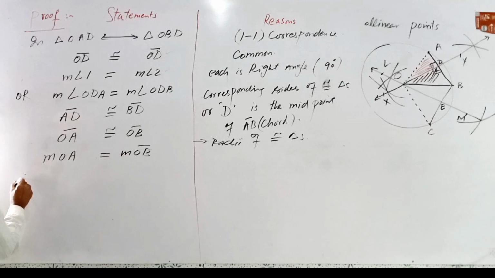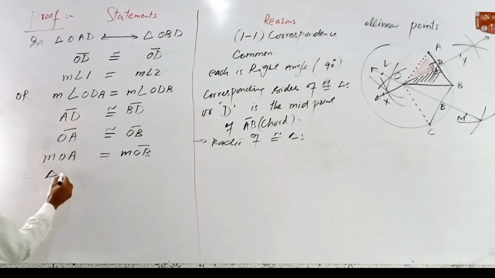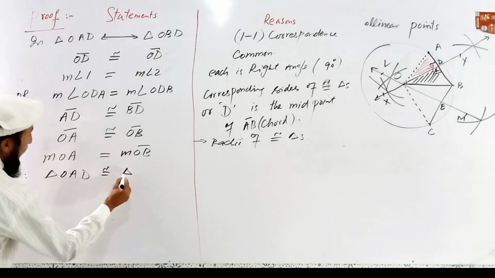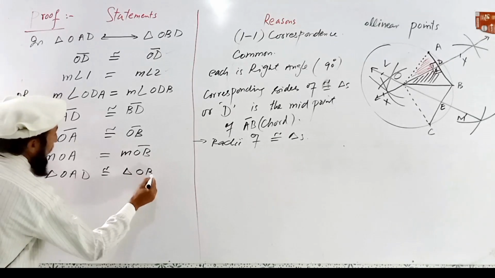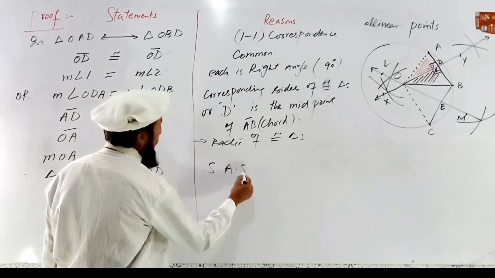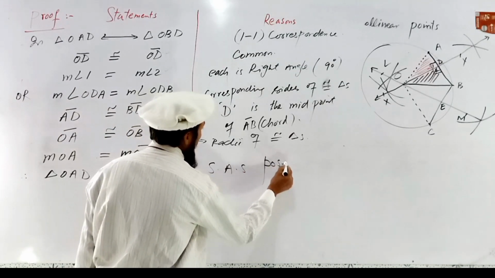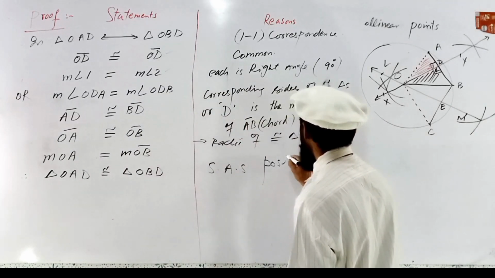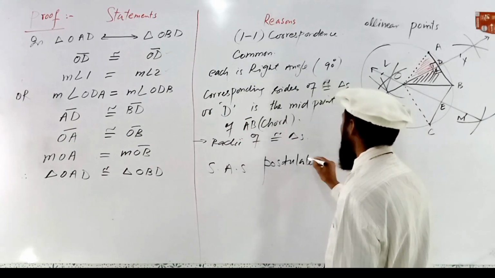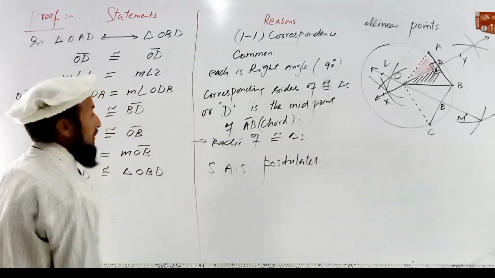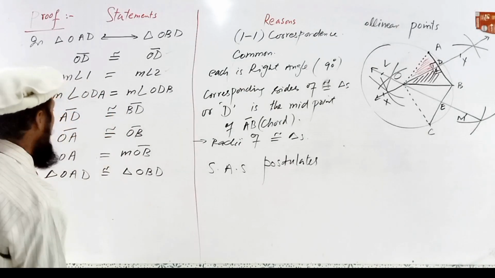From the above statements we can say that triangle OAD is congruent to triangle OBD, by the side angle side postulate, according to the definition of the side angle side postulate.